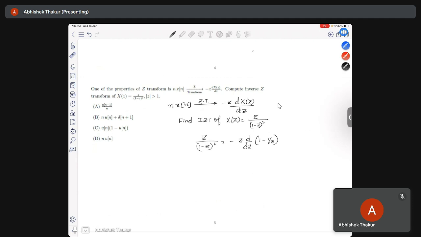As we can see, for x[n] equal to u[n], the Z transform is 1 by (1 minus 1 by z), but it is in this form. So this value x[n] will be n into u[n]. So the inverse Z transform of this is n into u[n].